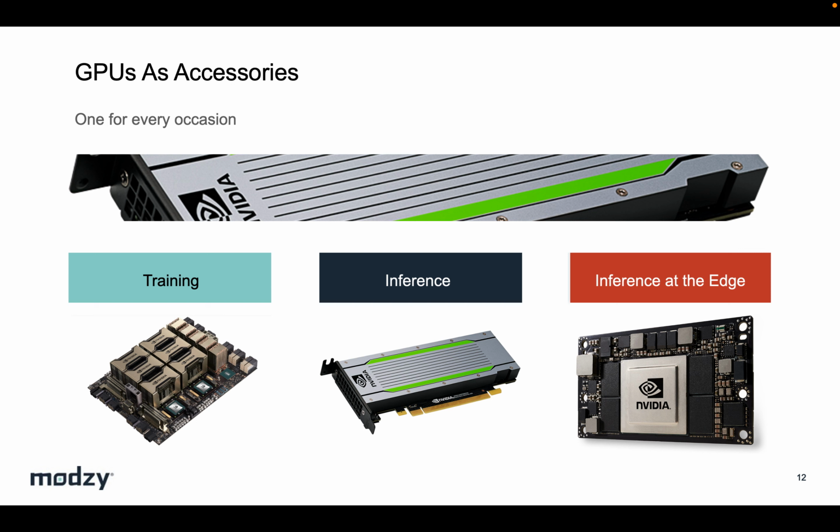Something else to know about GPUs is that they're not all the same. You can use GPUs in different modes and for different purposes. One of the ways GPUs are most useful is in training. One of the reasons is that you're doing a lot of math when you're training a neural network.